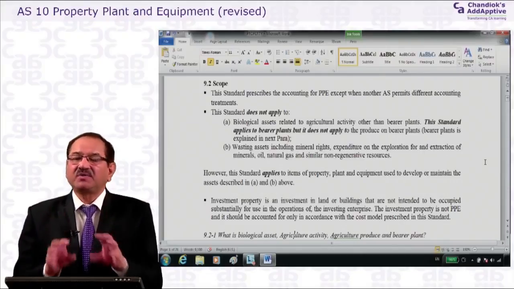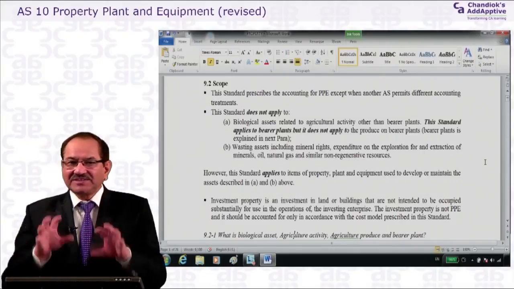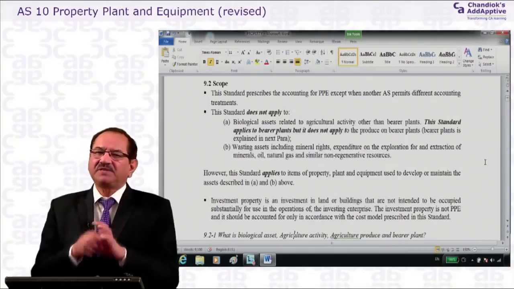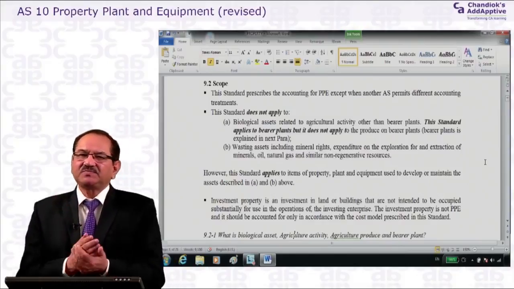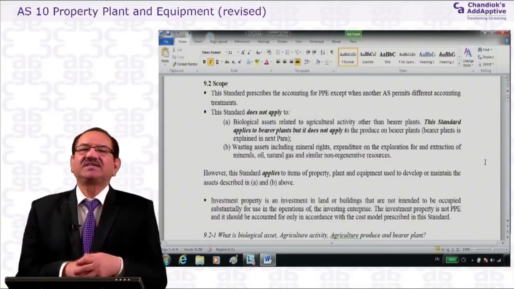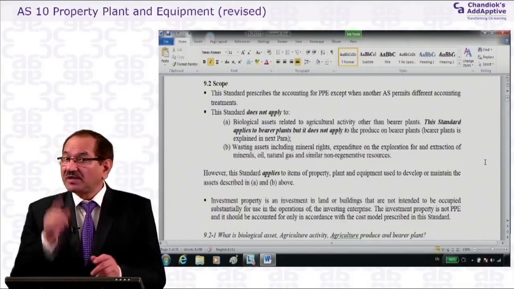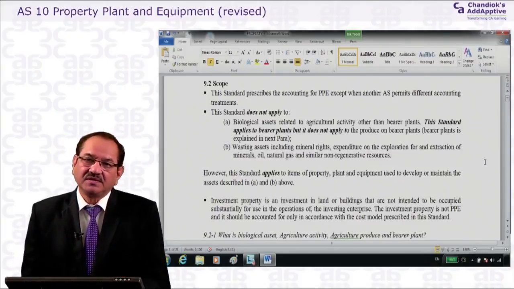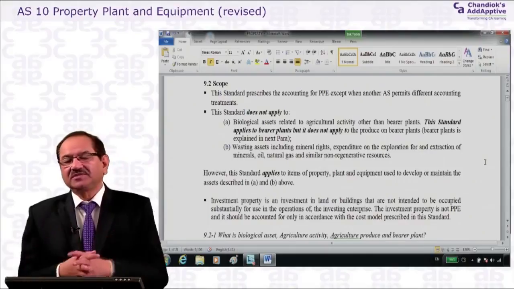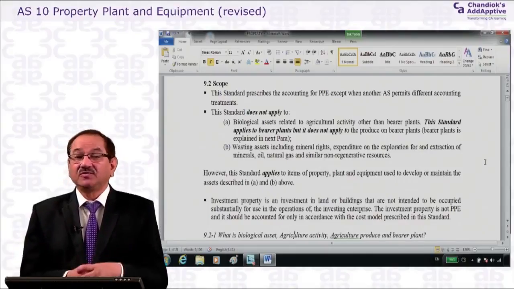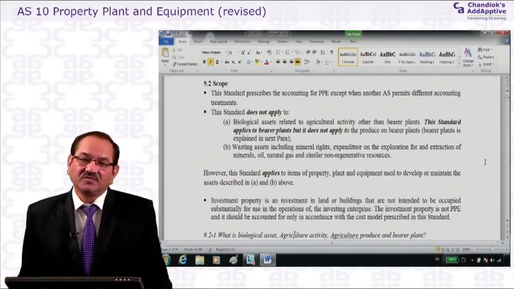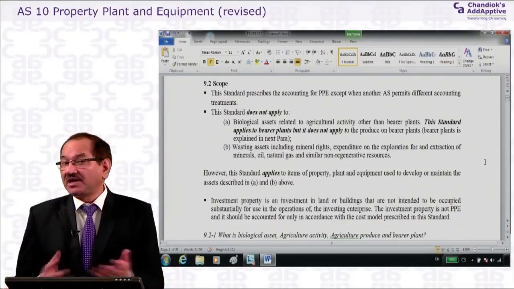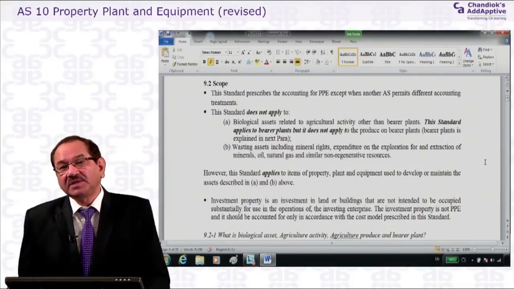Bearer plant is property, plant and equipment. And when we say that bearer plant is property, plant and equipment, then the principles of accounting prescribed under this standard AS 10 will apply to the bearer plant. But you must be thinking, what is the bearer plant? You have a question in your mind. What is the bearer plant? You never heard this terminology earlier.